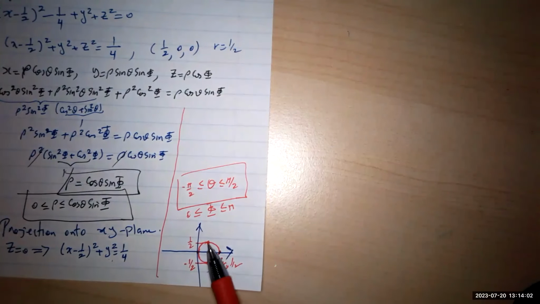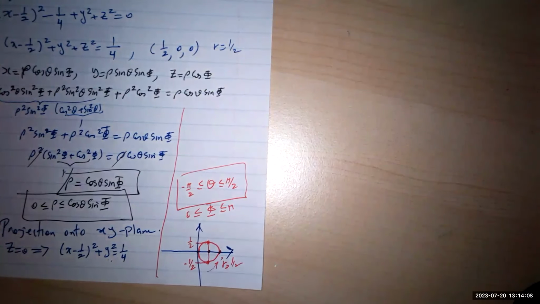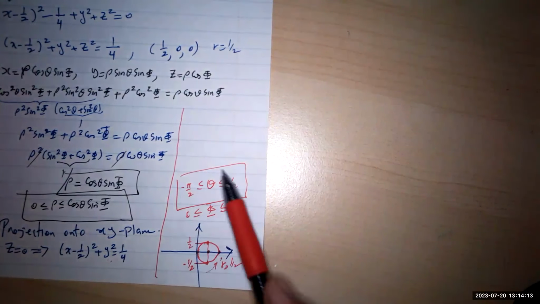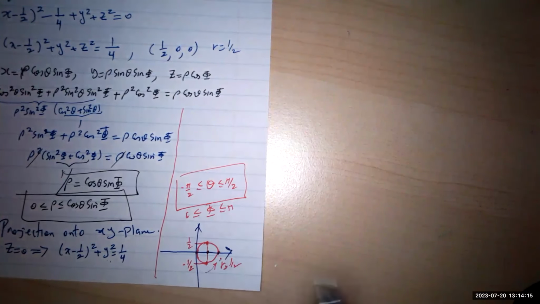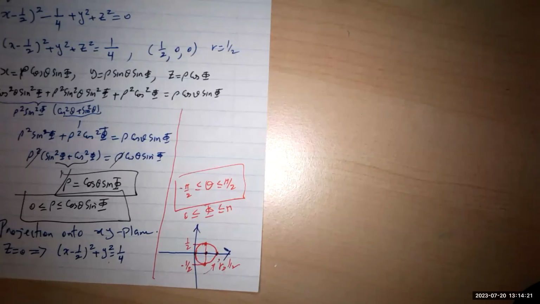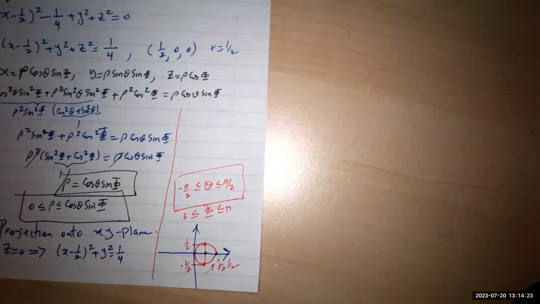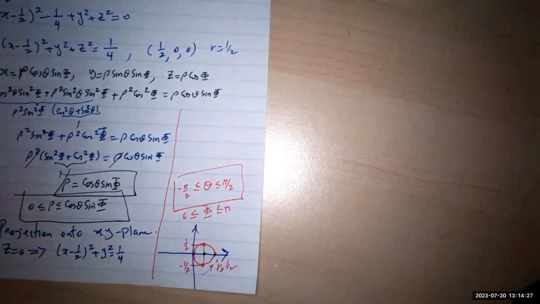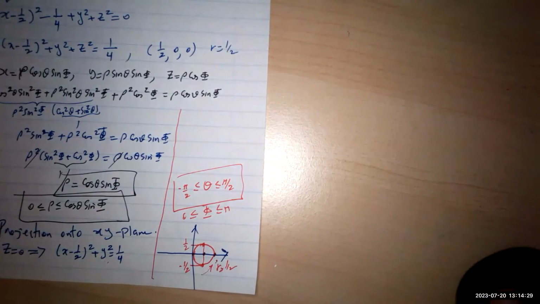Then the way you get to this point, it is going to be the pi half, and this is going to be the negative pi half. That will cover every point. Just check a couple of numbers, check these four, 1, 2, 3, 4. You arrive at negative pi half and pi half.